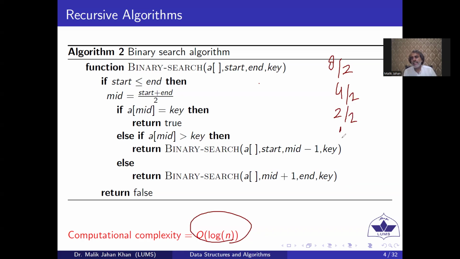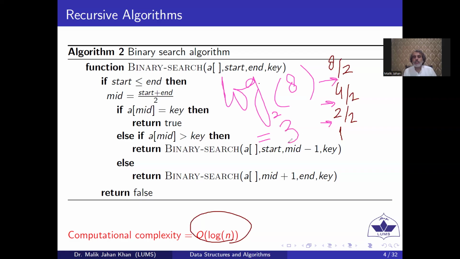We keep on with this repeated division, and the number of division operations which we have performed over here represents log of 8 with base 2. As we have performed 3 division steps, log of 8 with base 2 is 3.